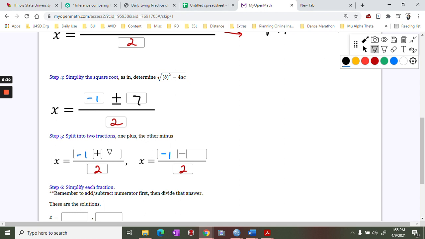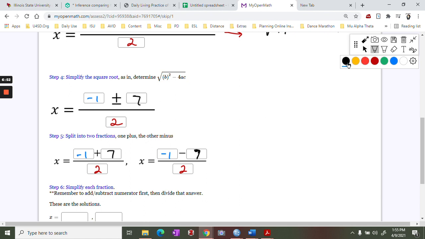Then we take the plus version, so plus 7, and the minus version. So we have -1 in the same position, 7 in the same position, 2 in the same position in both equations. The only difference is a plus in the numerator or a minus in the numerator.